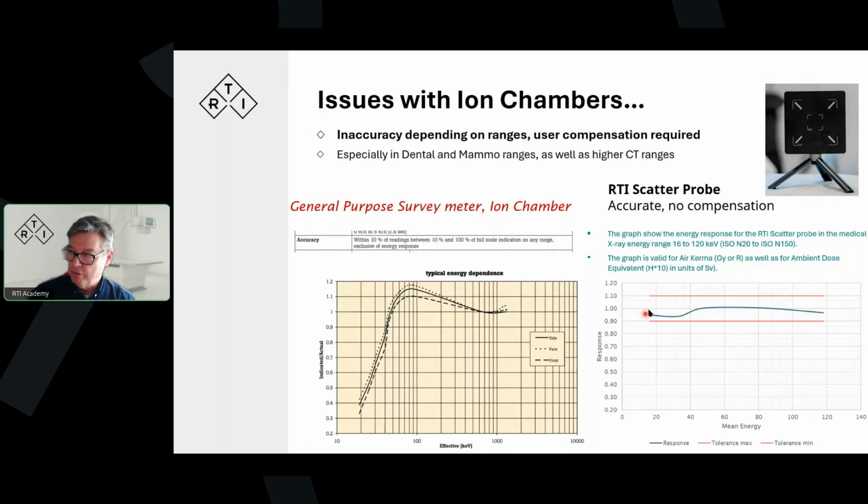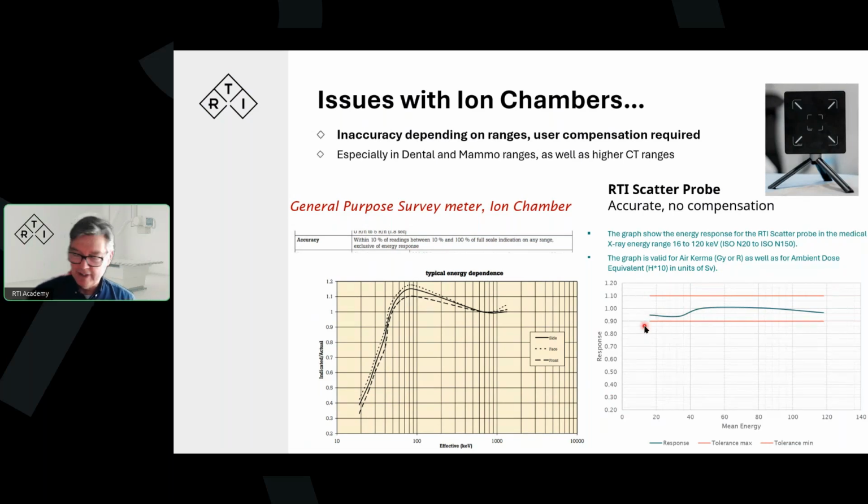Well, like we said before, with the scatter probe, since we have the solid state diode, we have the estimation of the mean energy of the spectrum, and we can automatically compensate for the energy dependence which we have in solid state instruments. That means that we have a dip like this. It is natural and it occurs, but you see that dip, that knee, that change is very much smaller because we can compensate.